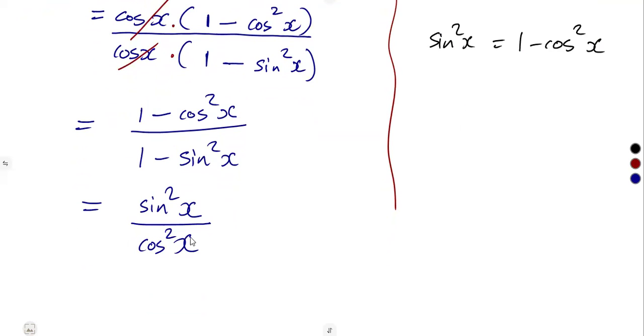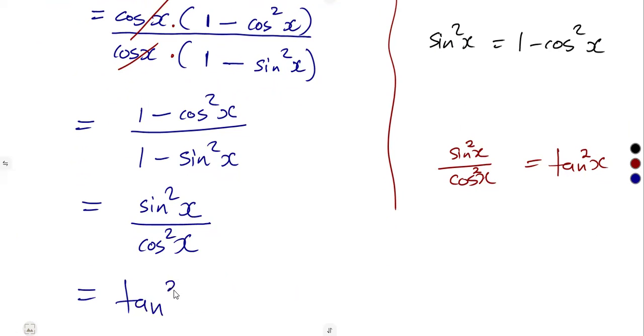Sine squared over cos squared. This is what we have. Guys, knowing that sine of x over cos of x is equivalent to tan x, if this is squared and this is squared, this will be tan squared. So that is going to give us tan squared of x, just like that. Exactly what we are having on our right-hand side.